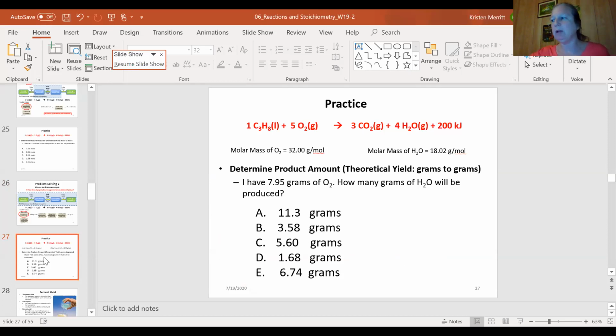Make sure you're in moles, and then you just change your unit or your identity. First, you change your identity using the molar relationship in this chemical equation here. So back to the whiteboard.